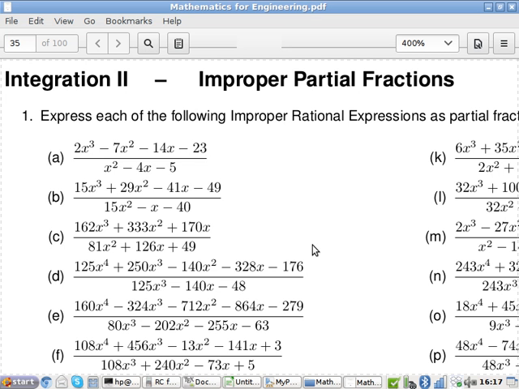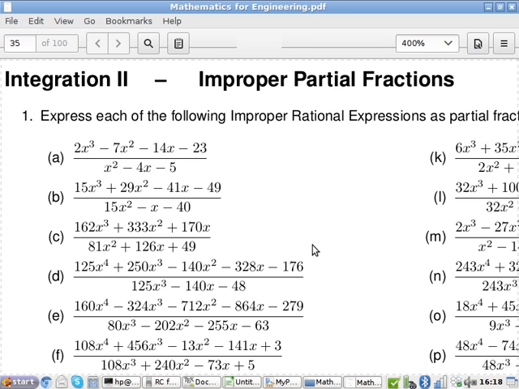The top should be one power less than the bottom, and the top one constant less than the bottom. Some basic rules that worked actually pretty well. And we had three methods for finding the constants. We had the method where we make the equations, the method where we use the values for x, and the method where we cover up.